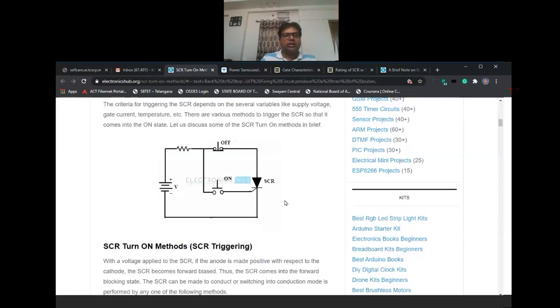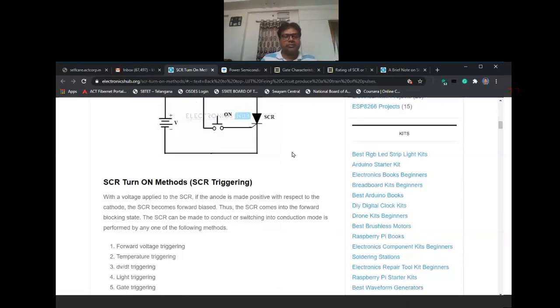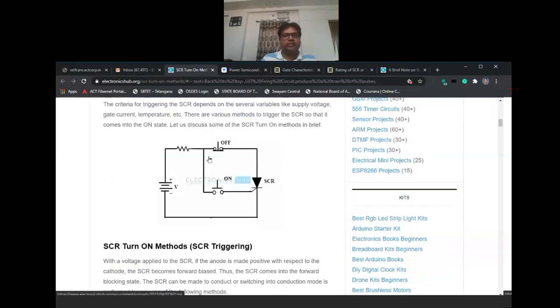This is a normal resistance. It will be done by closing a switch from the same supply which is given to the SCR, and when required this switch will be closed. When this switch is momentarily closed, gate current flows, and as the SCR enters into conduction mode, the gate will lose its control.